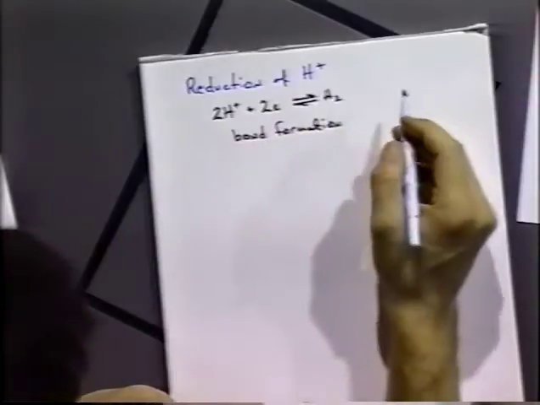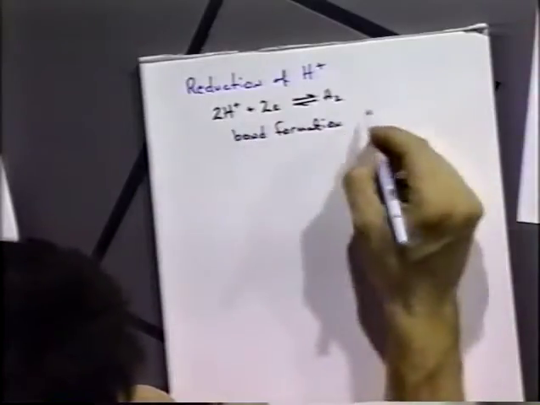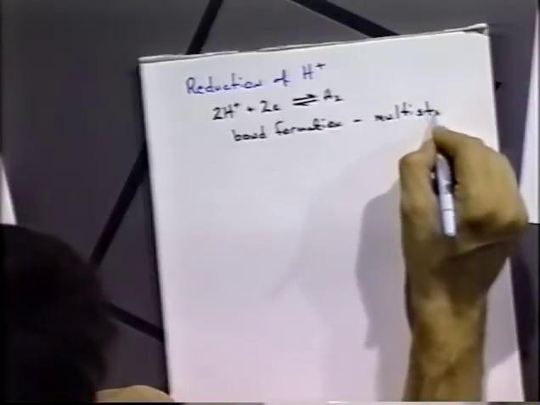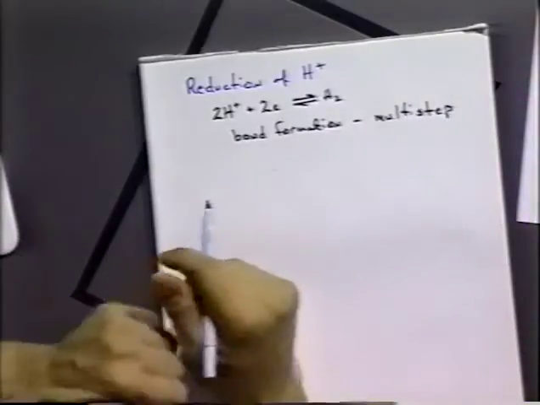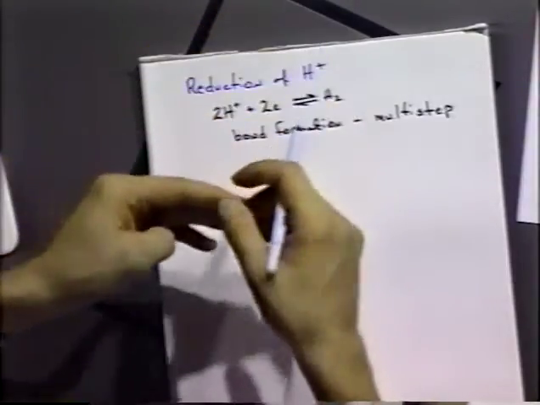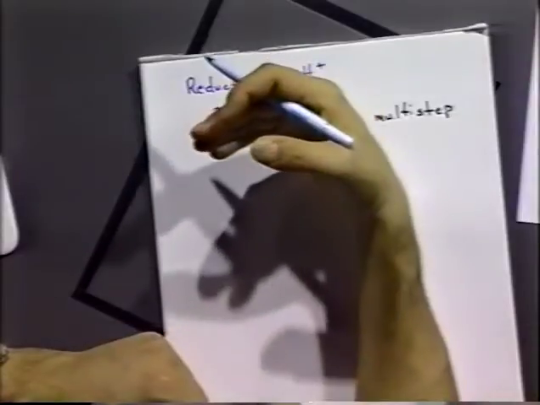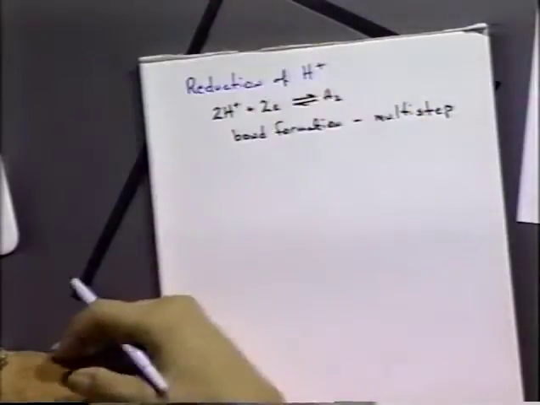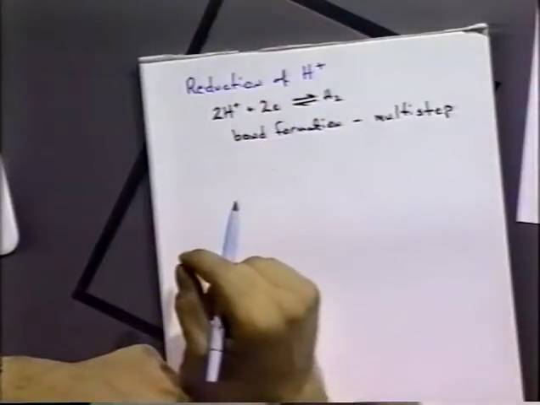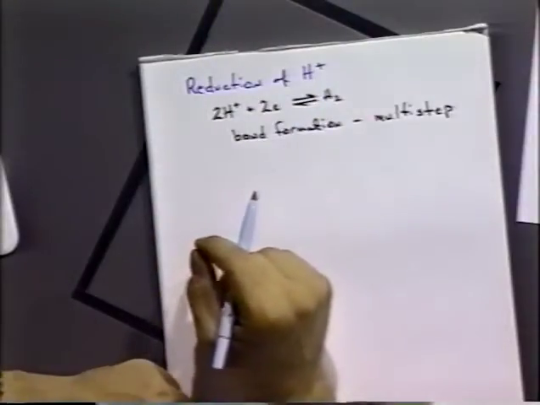Now, in order to have 2 electrons, we really have to have a multi-step process. We don't ever really see in electrochemistry 2 electrons going in simultaneously. Whenever we have 2 electrons, we're going to have 1 electron, a reaction, and another electron at the second point. There's never a simultaneous 2 electron transfer in electron transfer processes.